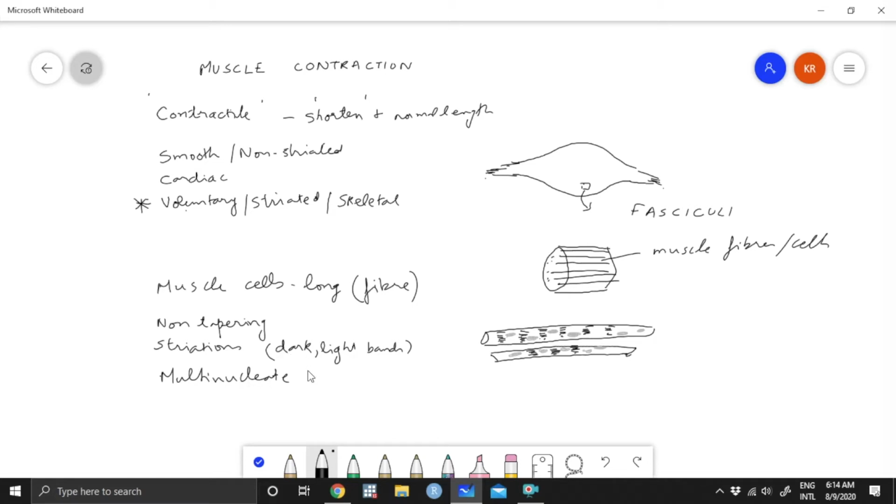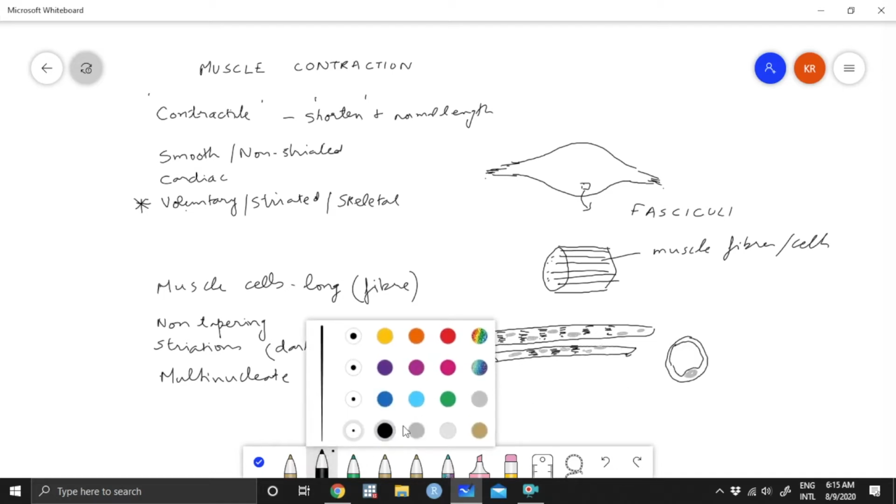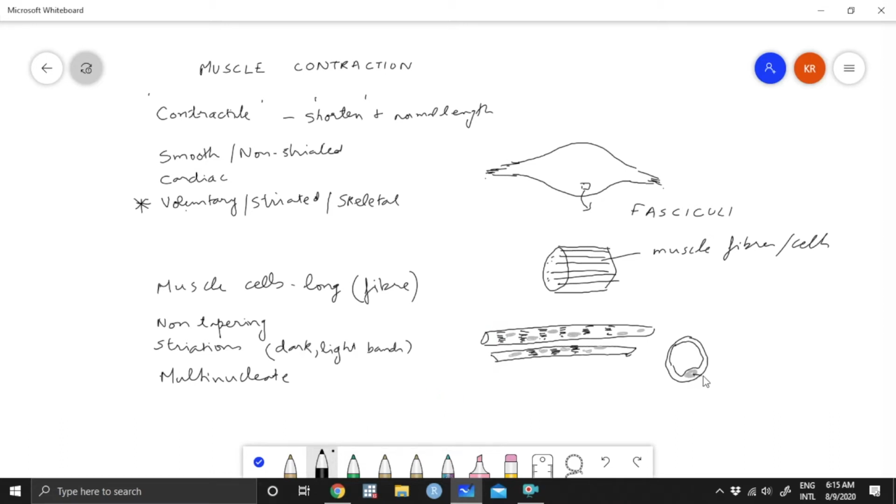There are several nuclei, a multinucleate condition. But these nuclei, so suppose we take a cross section over here, the nucleus is not in the center but in the periphery.